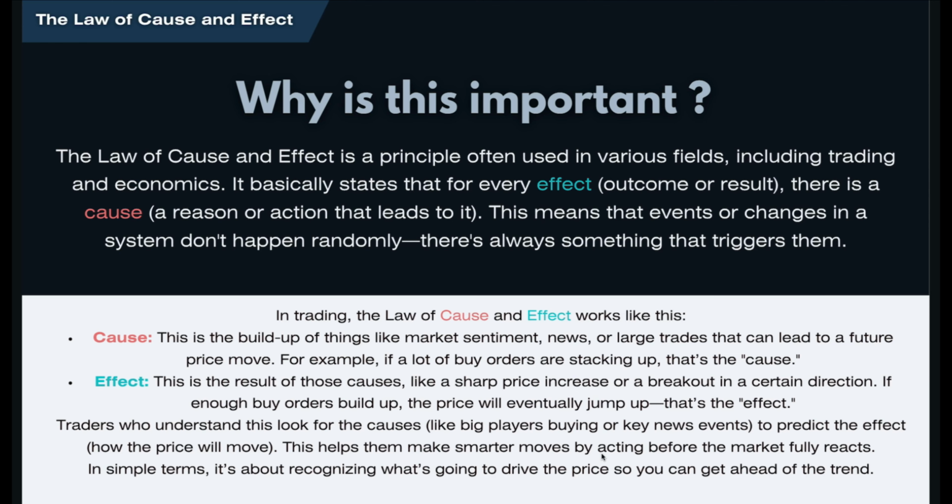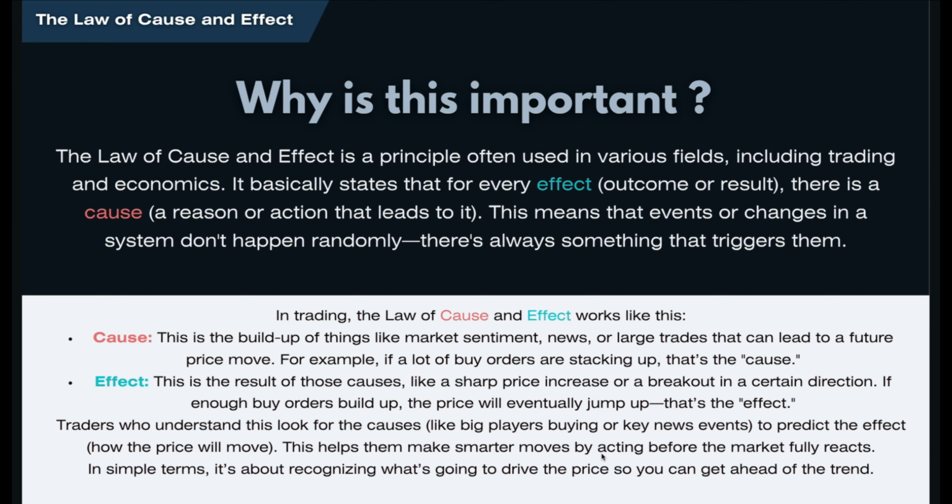If enough buy orders build up, the price will eventually jump up. That's the effect. Traders who understand this look for the causes, like big players buying or key news events, to predict the effect, how the price will move. This helps them make smarter moves by acting before the market fully reacts. In simple terms, it's about recognizing what's going to drive the price so you can get ahead of the trend.